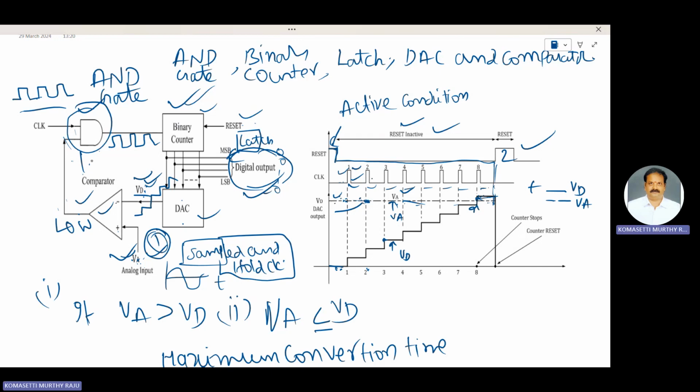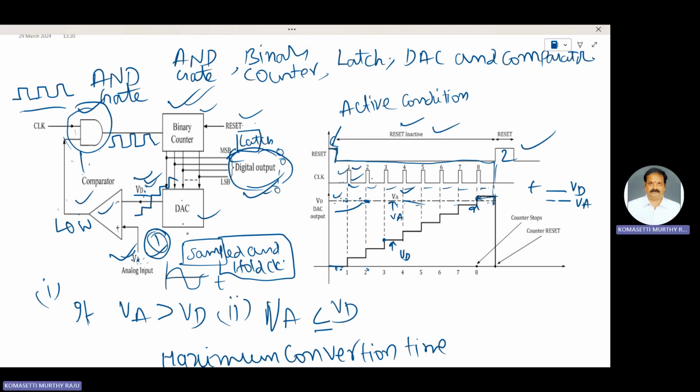Whenever the AND gate is disabled and does not apply any pulses, the binary counter stops counting. At that instant, the output of the binary counter is stored in the latch, which represents the digital output related to sampled hold value 1.